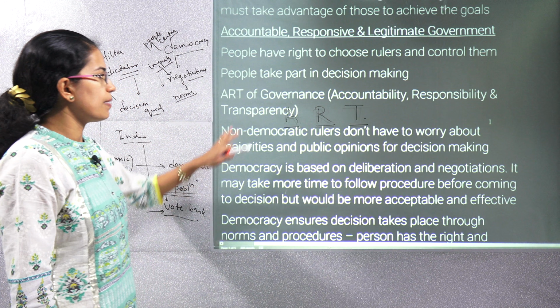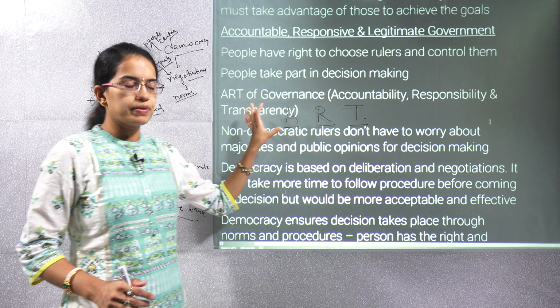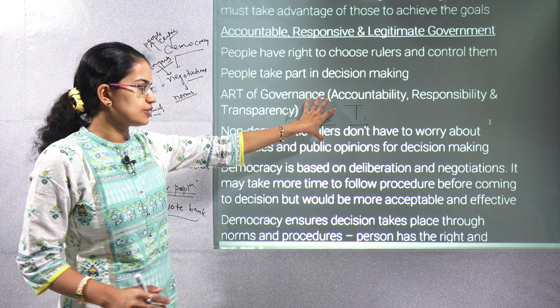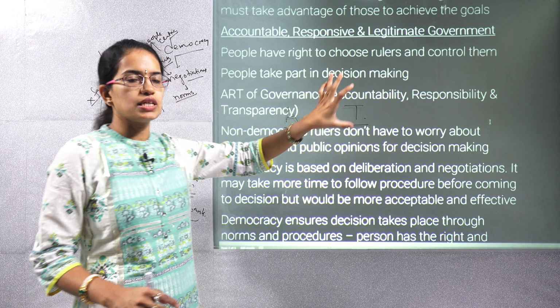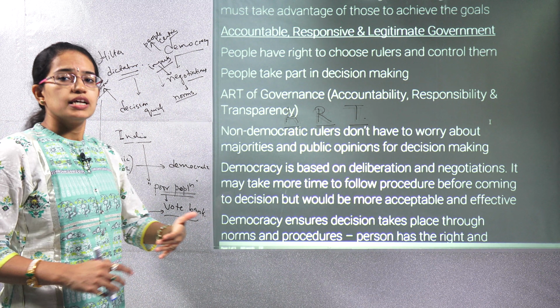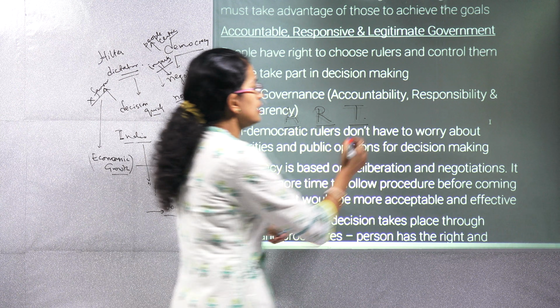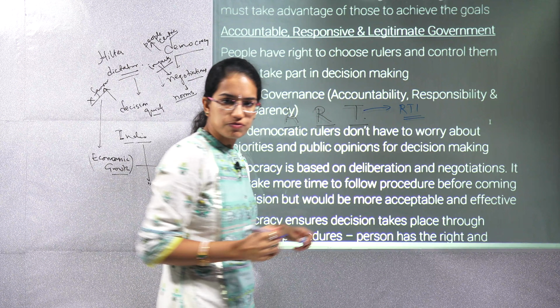So those three are the basic key factors of governance. When we talk about good governance, we talk about how the government should be accountable to the people, it should take the responsibility of the common man, and there should be transparency in the system so that whatever takes place is in the public. A good idea for this was the RTI Act, that is the Right to Information Act.